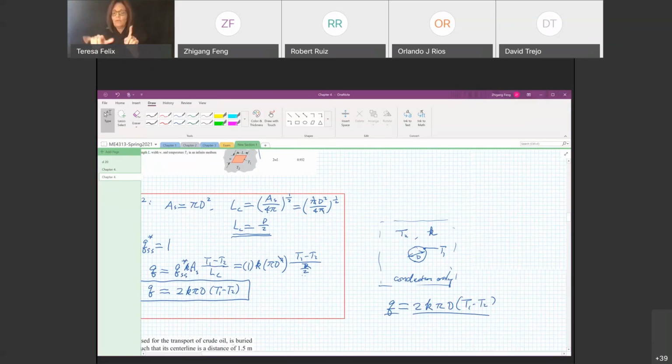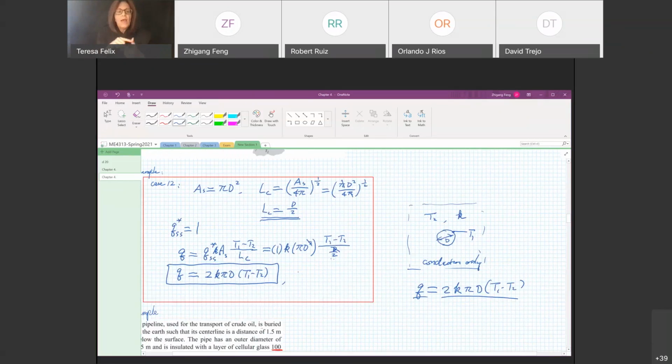Now, if I ask you to find the heat flux at, let's say, r equal to d over 2, essentially the heat flux at the surface of the sphere, then you have to use Q divided by the surface area of the sphere, pi d squared. But how about the heat flux at r equal to 1 diameter away from the center? You have to use pi (2d) squared, right?